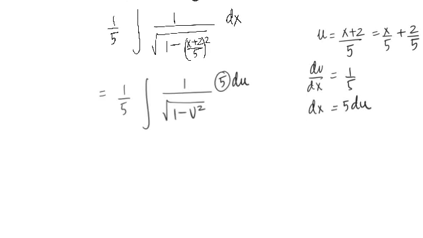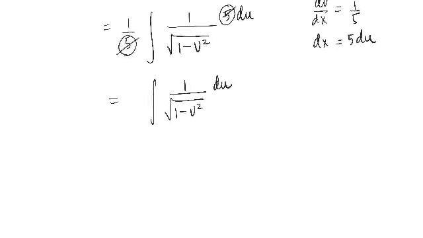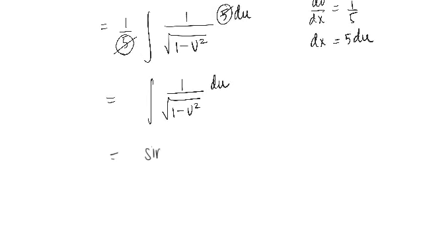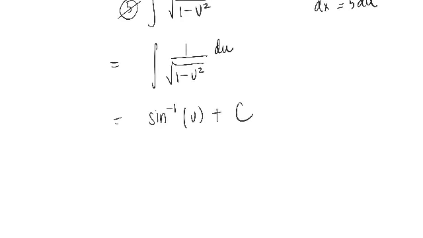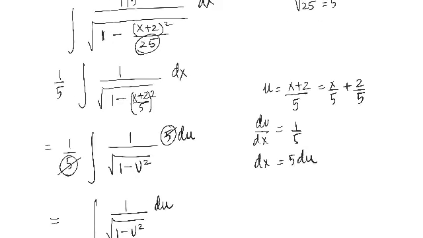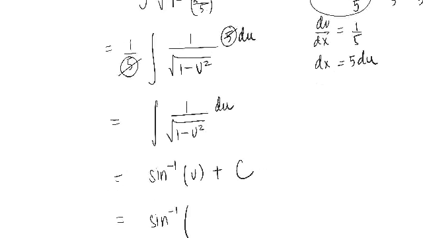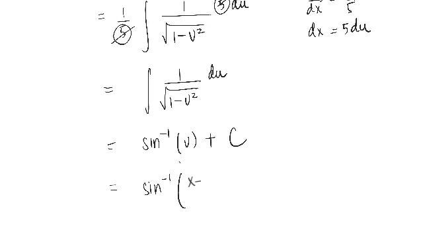The 5 can come out and it's going to cancel with this 5. So I'll just have the integral of 1 over square root of 1 minus u squared, which is, of course, what we want to see. This is sine inverse or arc sine of u plus c, and we can express this again back in terms of x. So it's sine inverse of x plus 2 over 5 plus c.